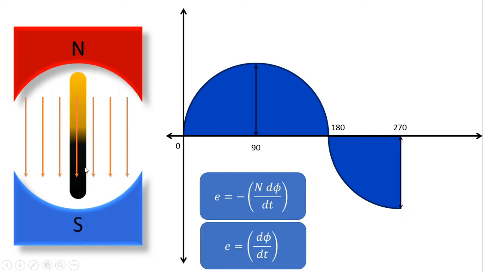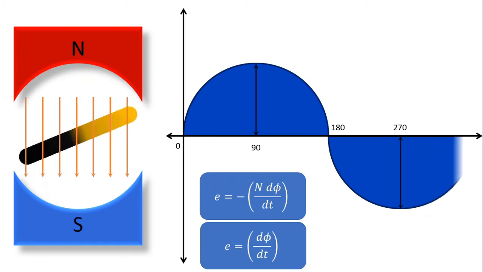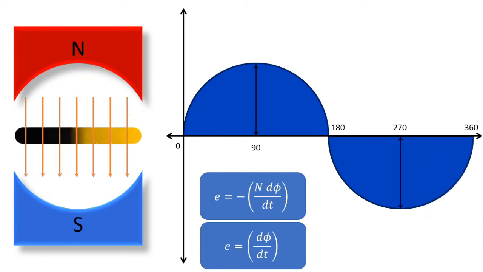So the induced EMF in this conductor also reverses, and that is why we are getting output voltage or induced EMF on the output side. If we shift this conductor further, we can get the remaining output voltage, and in this position again the velocity of the conductor is parallel to the magnetic lines of force, and hence no induced EMF.